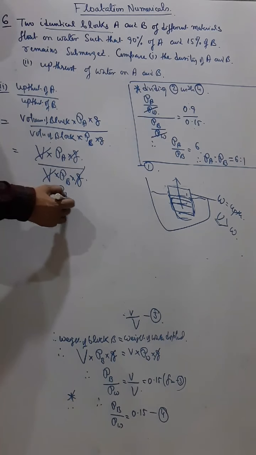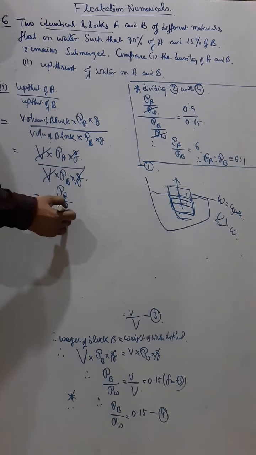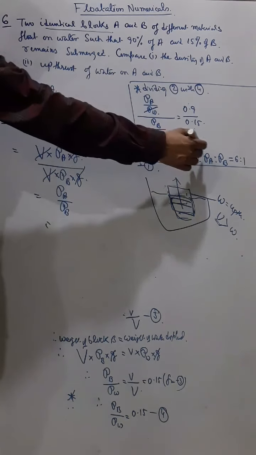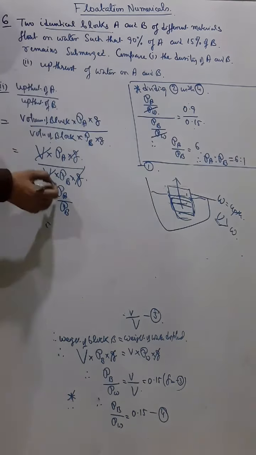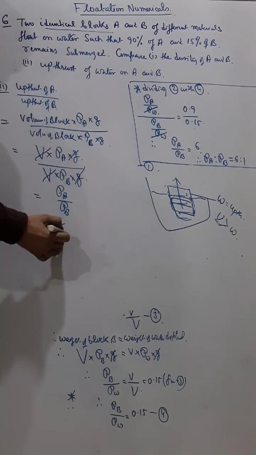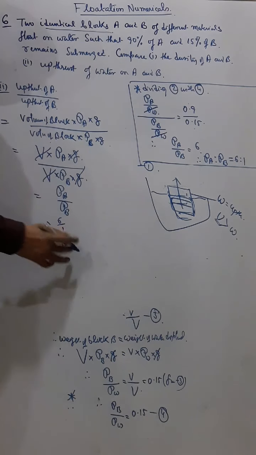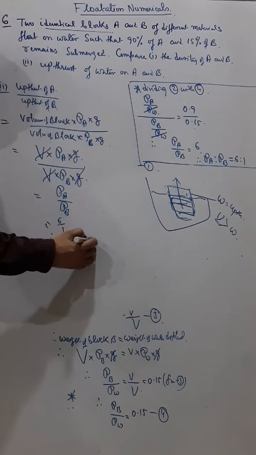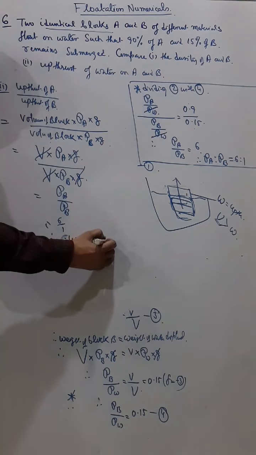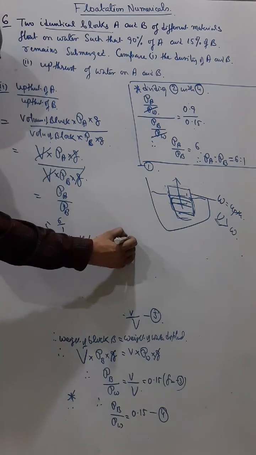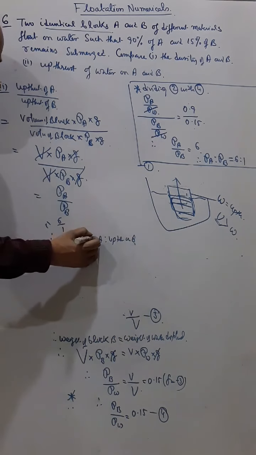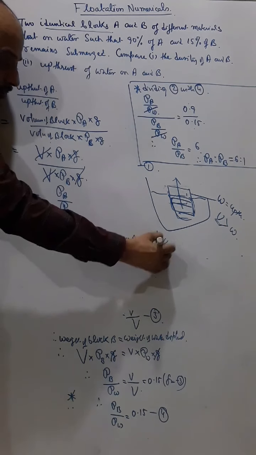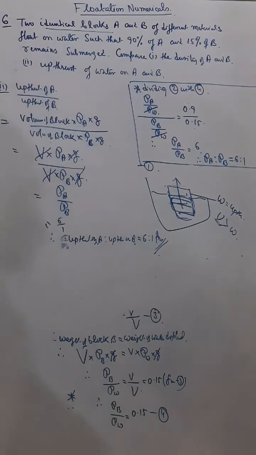Finally my answer is rho A by rho B, and we already got rho A by rho B is 6:1. So here also the upthrust on A is to the upthrust on B is equal to 6:1. Okay.